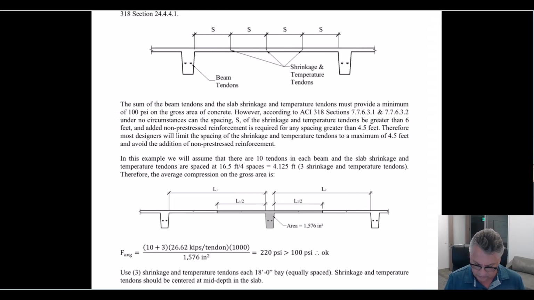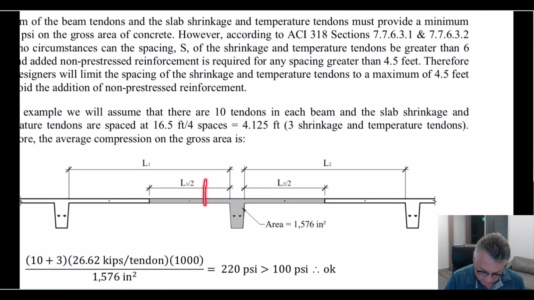So what the code says is that you must provide a minimum of 100 psi on the gross area of concrete. So remember, before when we were doing this, we had a b effective, 16t plus the width of the beam.